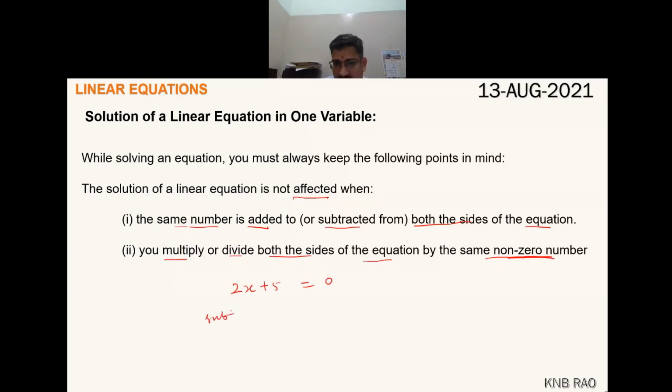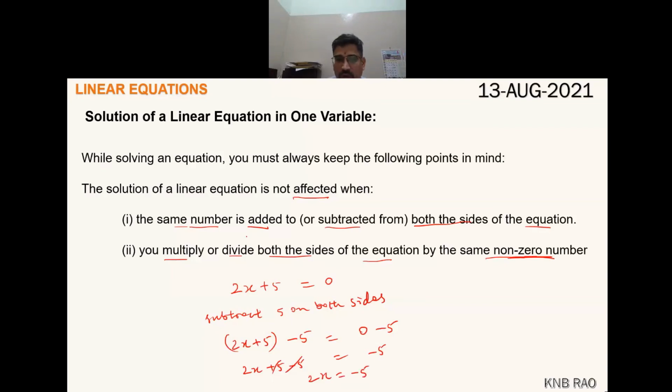That's how we did 2x plus 5 equals 0. Subtract 5 on both sides. This is what we learned in class 7 and 8. From this 2x plus 5, I am subtracting 5, and from 0, I am subtracting 5. So 0 minus 5 gives minus 5, and 2x plus 5 minus 5 goes off, giving 2x equals minus 5.